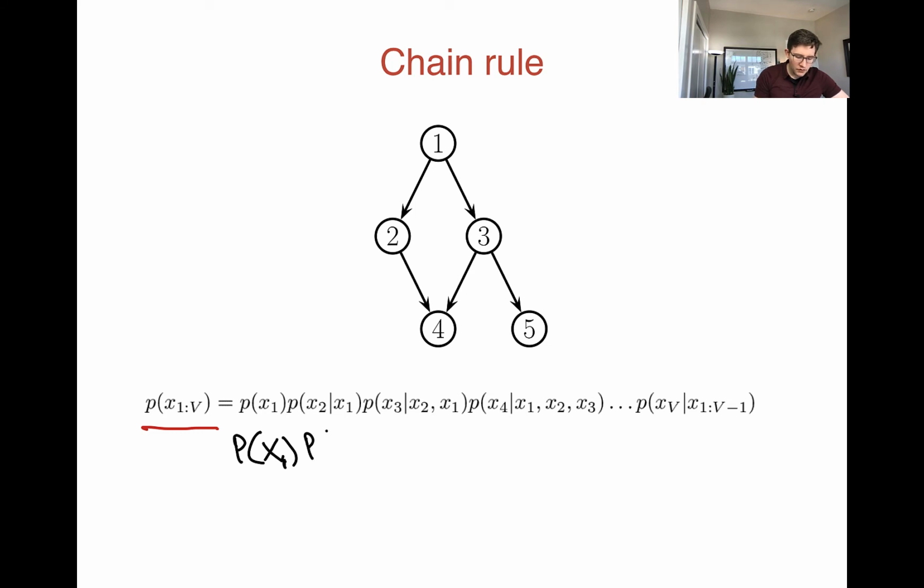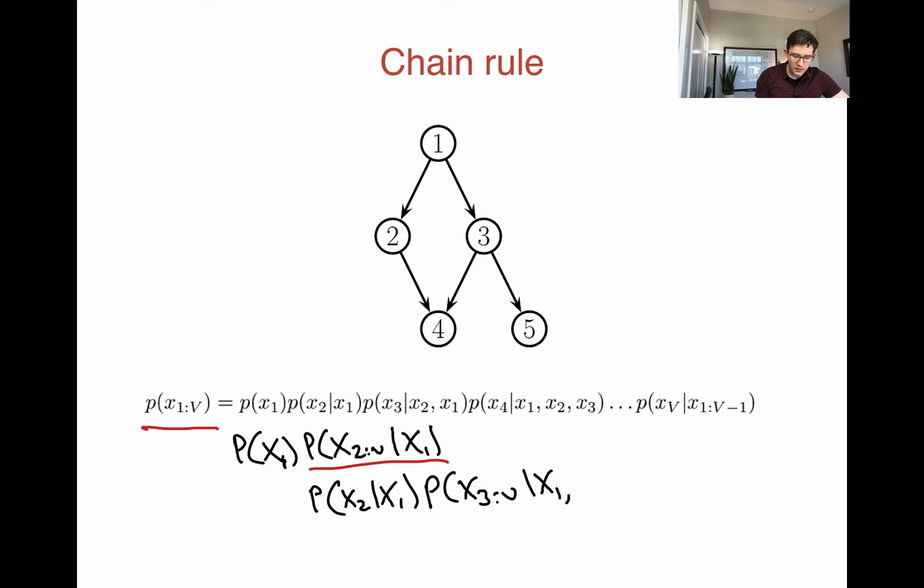When I apply the chain rule, I get this. Probability of just x1, the variable we chose, times probability of everything else given x1. Then I can apply the chain rule again to this thing. I'm going to choose x2. I get probability of x2 given x1, because that's already in the condition, times probability of x3 to xV given x1, x2.